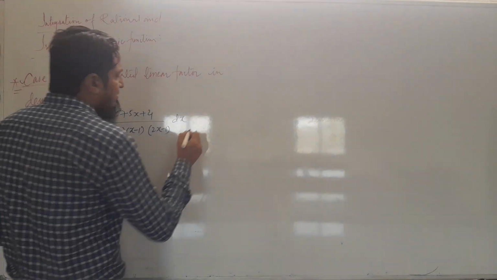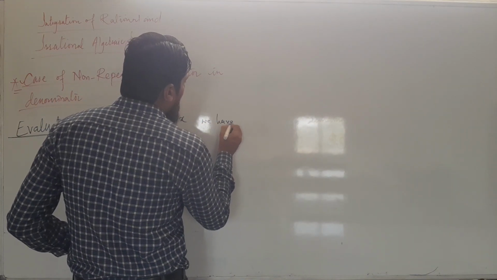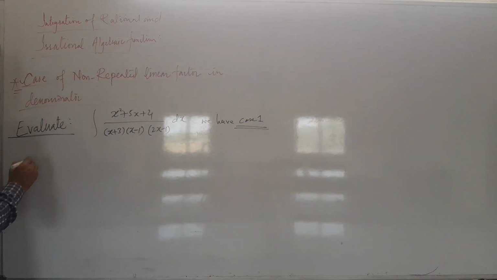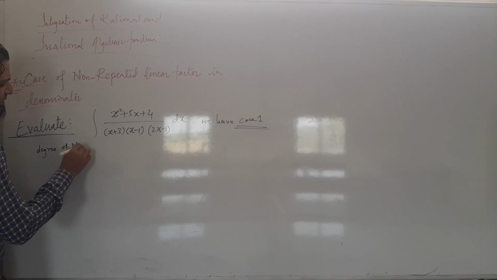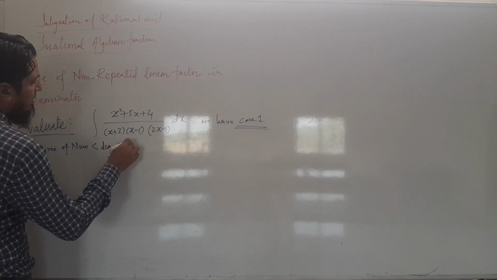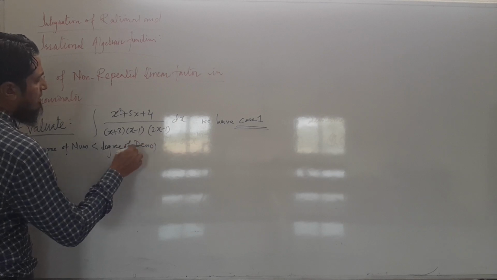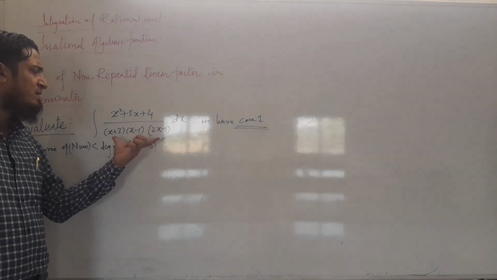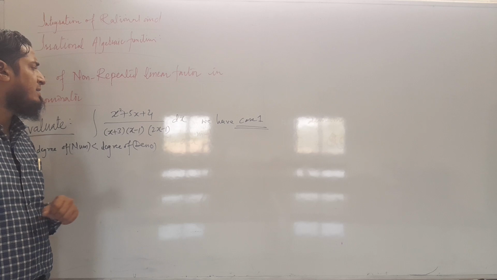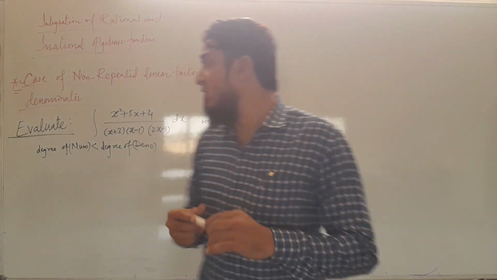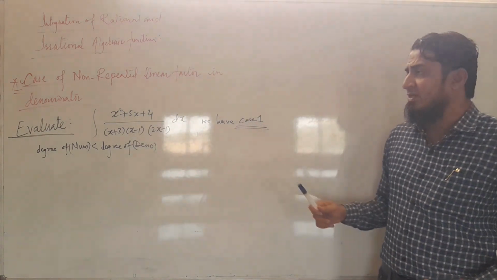We have case first, and what is case first? The degree of the numerator is lesser than the degree of the denominator. Correct? So we can directly simplify this rational function and try to find its integration.